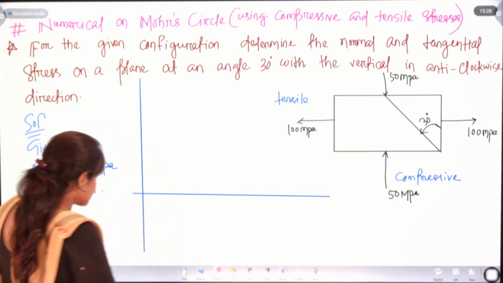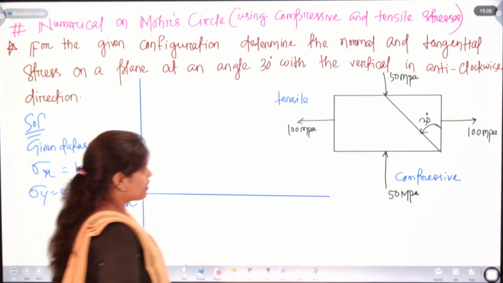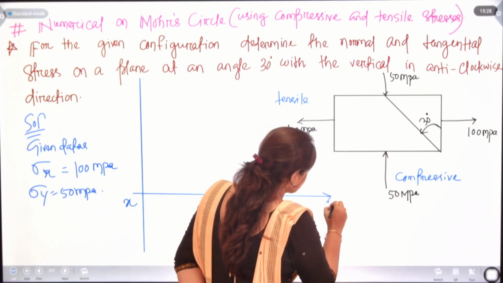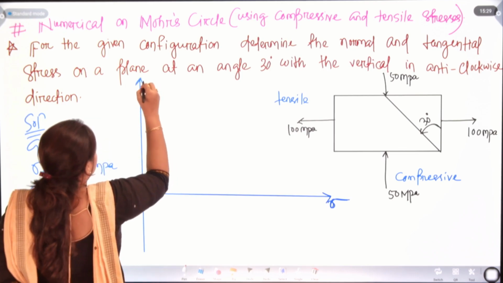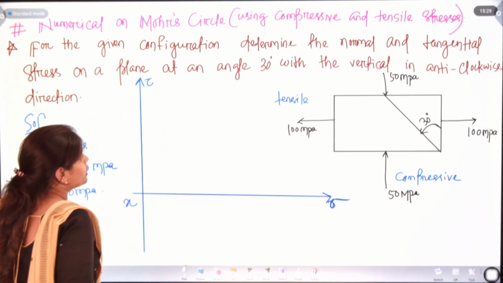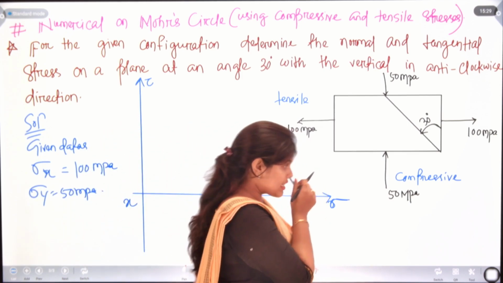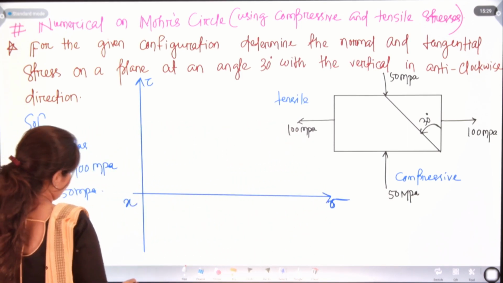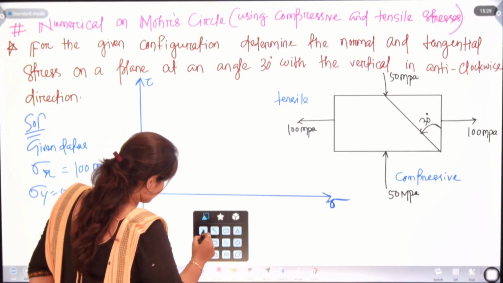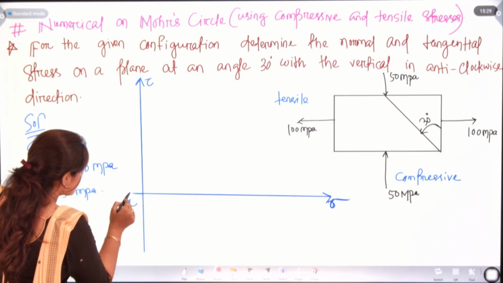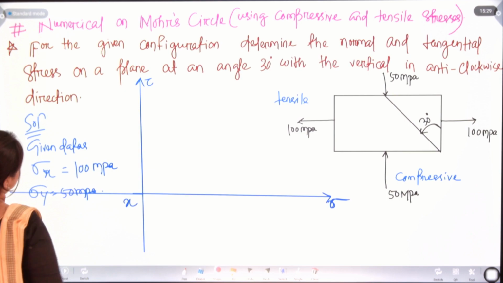Let us take this as our x. We have already known that for normal stress, we use x axis, and for tangential stress, that is tau, we use y axis, right. So, what are the next things we need to draw? Now, let's just extend this line up to this point.